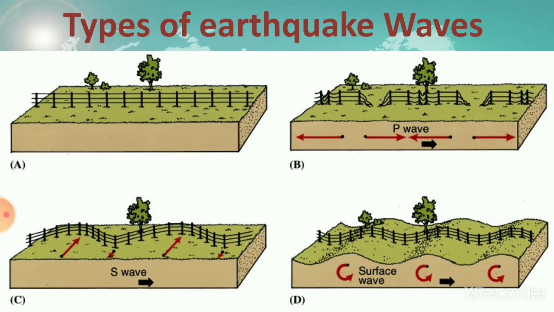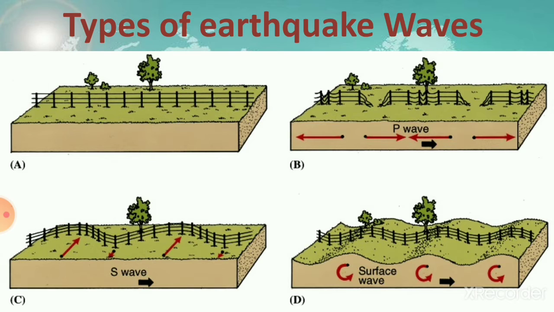Now you can see figure D. They are surface waves. Surface waves are the last to arrive and travel over the surface of the earth. So you can see the surface is moving. You can see it is curvy. In figure A, we have a straight surface, but when the earth crust gets surface waves, then there is a motion in the surface.